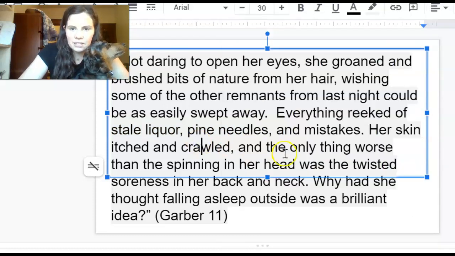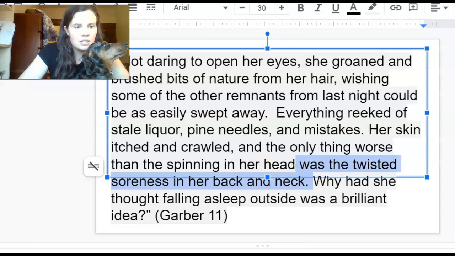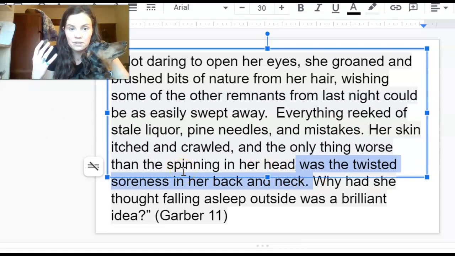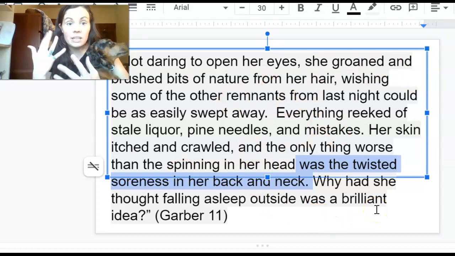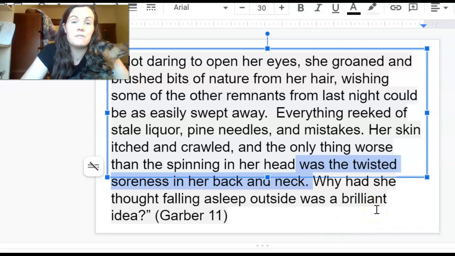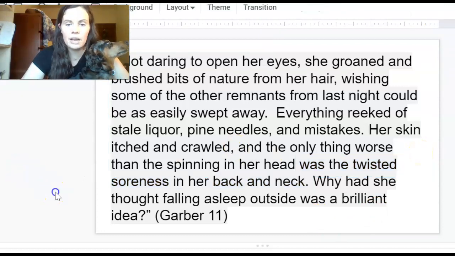And then we've got the twisted soreness in her back and neck. Then we've got organic imagery, how it feels in her body, right? Within these four sentences, we can see 4 or maybe even 5 different types of imagery. That's what we're aiming for, being able to include all of these pieces or many of these pieces in your descriptions in your creative writing.